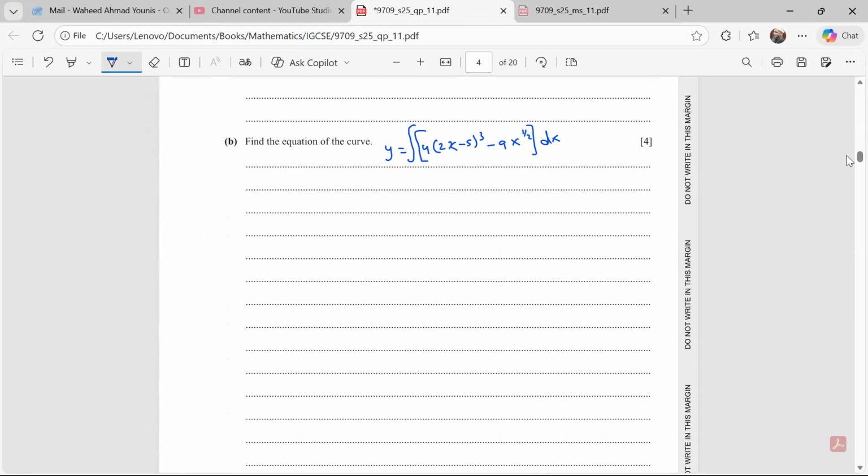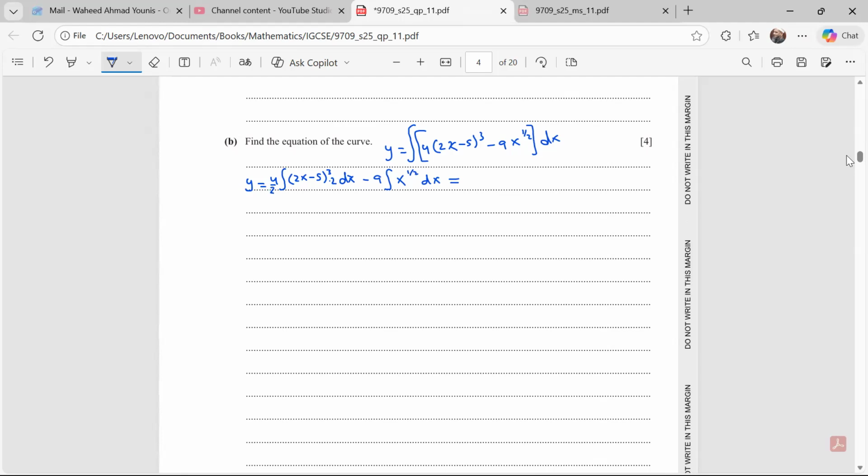So I will have y equals 4 integral (2x minus 5) power 3 into dx, and then minus 9 integral x power half into dx. When I integrate it, I will put 2 over here and divide it by 2.